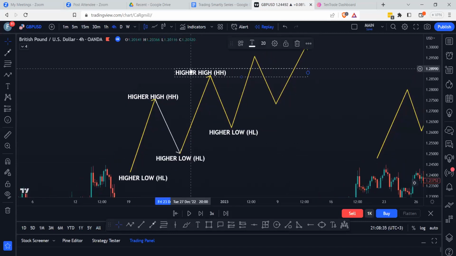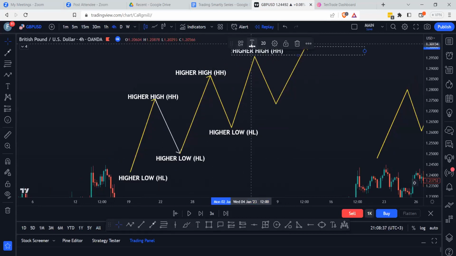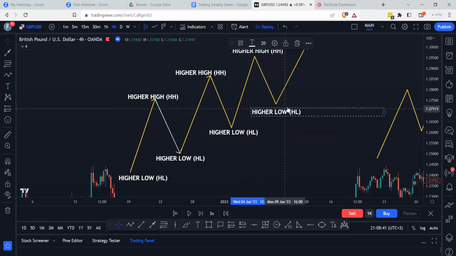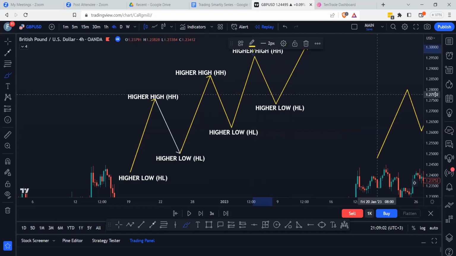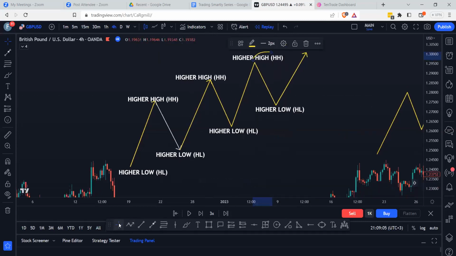All right. You got the gist, right? So an uptrend is made up of higher highs and higher lows. How do you know that the market wants to continue in an uptrend? The market will keep giving you higher highs. Okay, a higher high is a high that is higher than the previous high.